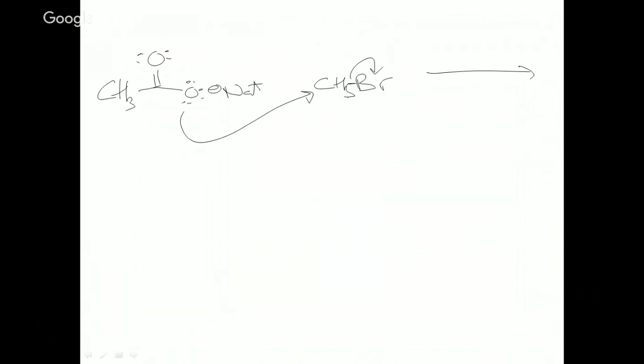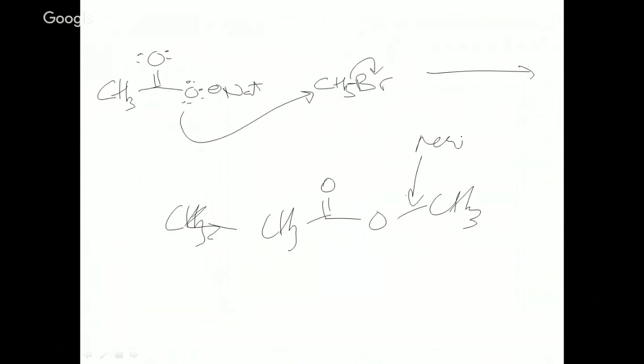The carbon-bromine bond is breaking at the same time that this carbon-oxygen bond is forming, and we get CH3, the O-CH3 bond formed. So new bond. The rate of this, because both are participating, is dependent on the concentration of both.